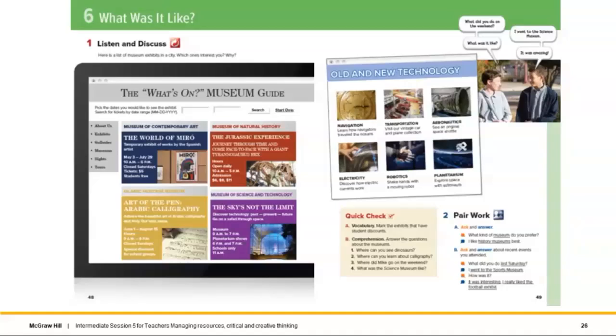Would you ask them to look at this page? Pictures, yes, good. Look at the pictures. If you're online, you can find, I'm sure, photos from museums, different museums, internationally or locally, whatever you think is appropriate for your students. But not only museums, you can combine with other events as well.